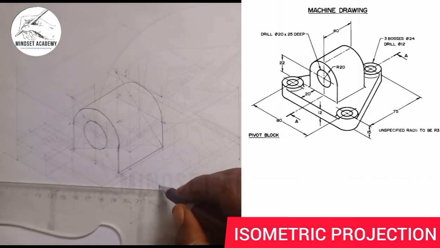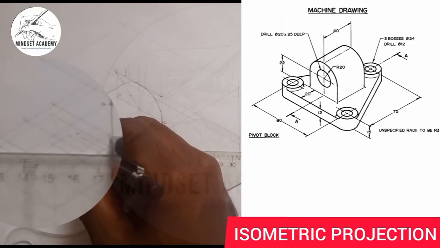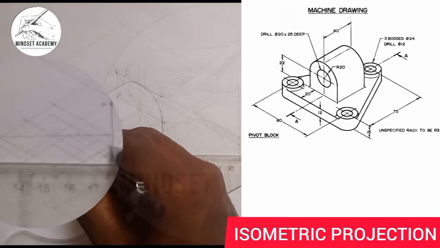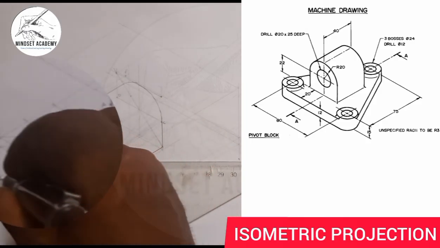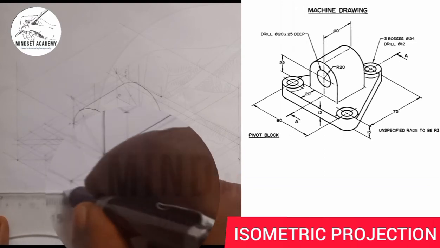So once I've gotten the top, the rest is history. This is here. This is here. This is here. This is here. We're doing diagonals.